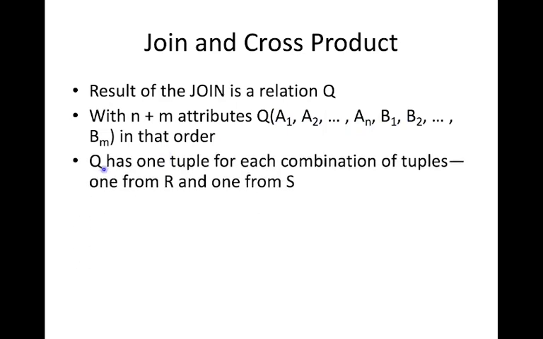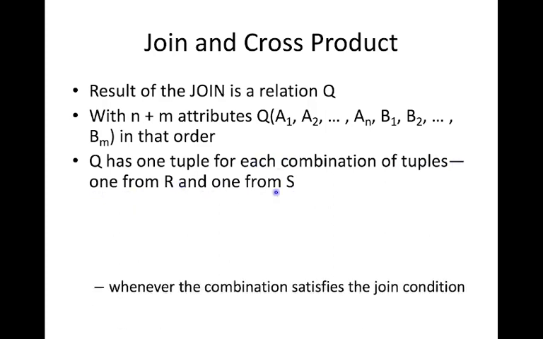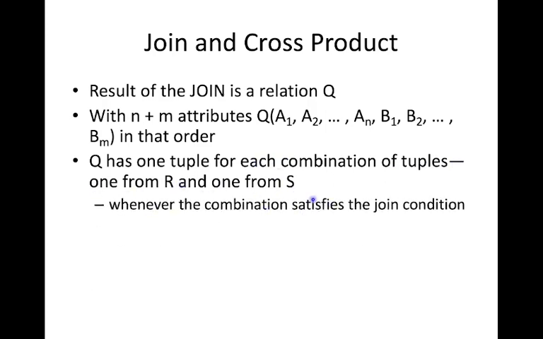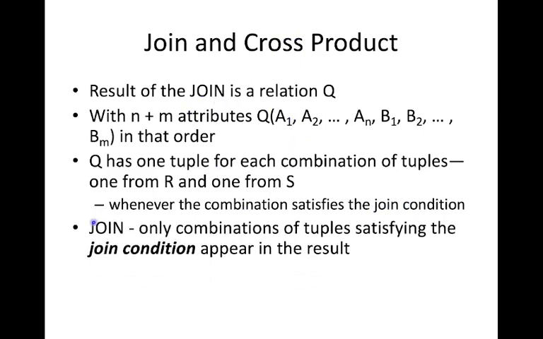And Q has one tuple for each combination of tuples, one from R and one from S, whenever the combination satisfies the join condition. This is important: the join condition should be satisfied in the case of a join operation. In the join, only combinations of tuples satisfying the join condition will appear in the result.